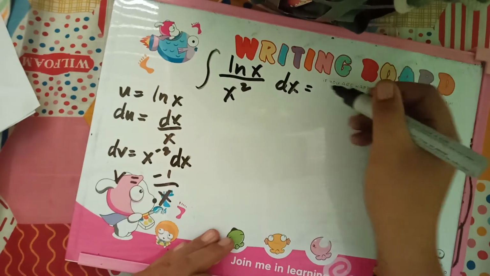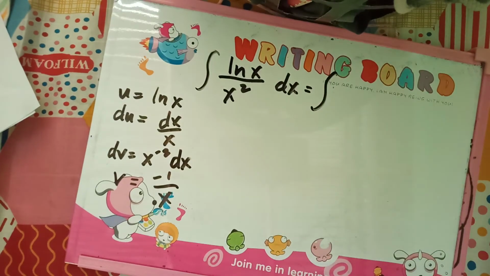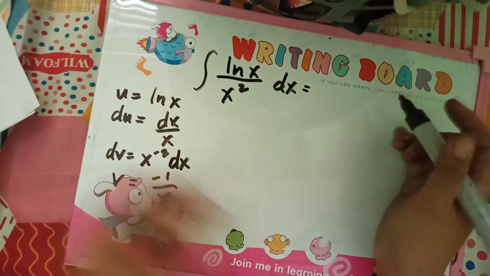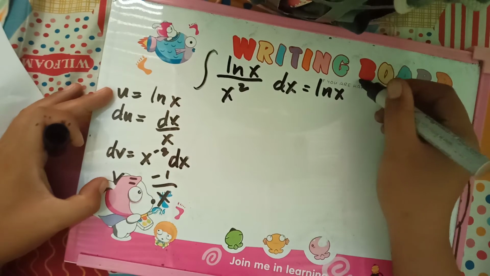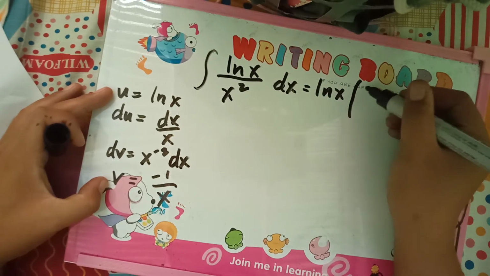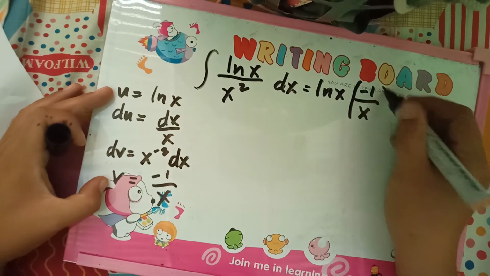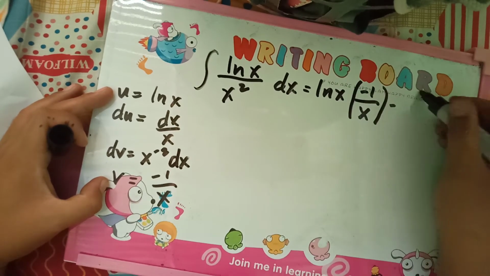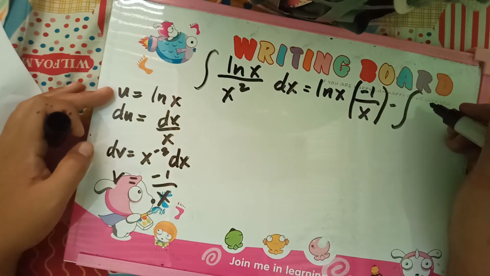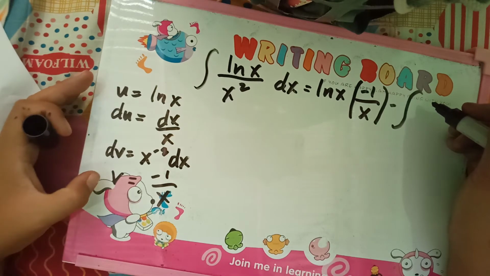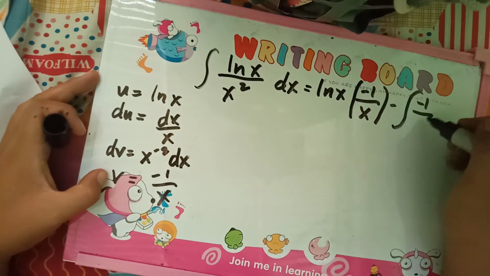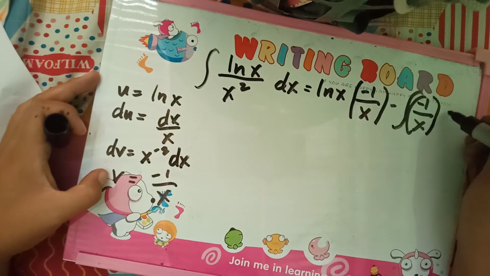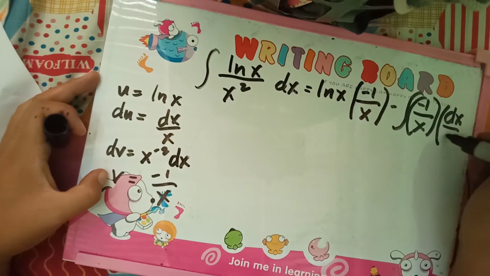Then, we apply this sa ating formula. So, magkakaroon tayo ng u, ln of x times v, which is negative 1 over x, minus the integral of your v, negative 1 over x times dx over x.